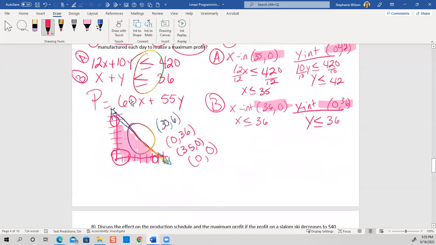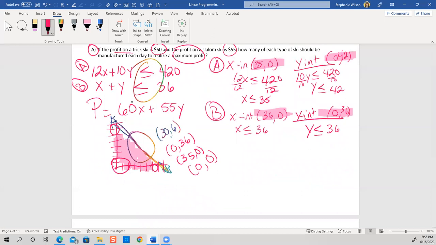Now let's go ahead and solve this by plugging it in. So whenever we plug this in, we're going to plug it into our profit formula.